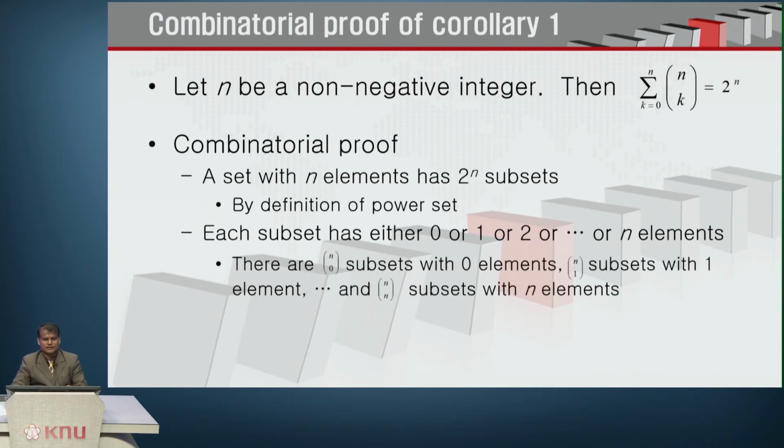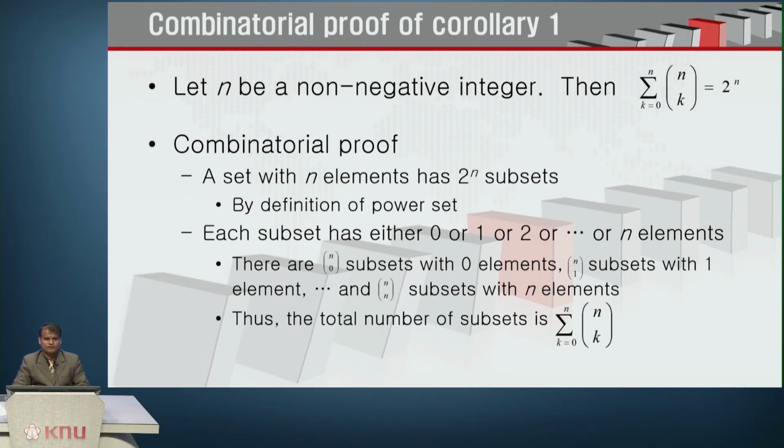With this information, there are n choose 0 subsets with 0 elements, and then you have 1 element, and then you have 2 elements, till you have n elements, because all these, either 0 element, 1 element, 2 elements, belong to a subset. These are all subsets in fact. So the total number of subsets that we have, starting from 0 elements on, is the summation k equals 0 to n of n choose k. That's the same thing that we are interested in.